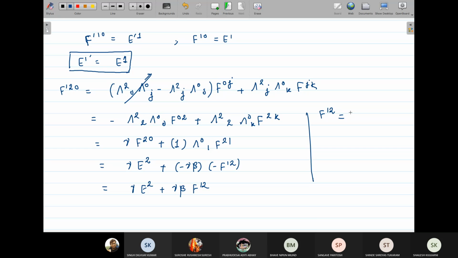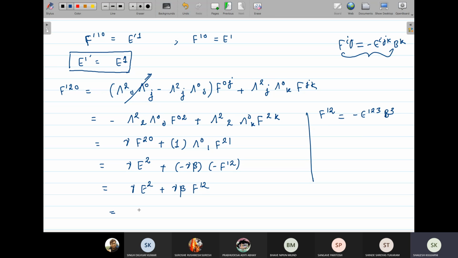No, tell me in terms of epsilon: what is Fij? I gave you that formula, something like minus epsilon ijk Bk. Just check in the notes. Yes, sir, F12 equals epsilon 123 B3, so it is Bz. So it is minus Bz.